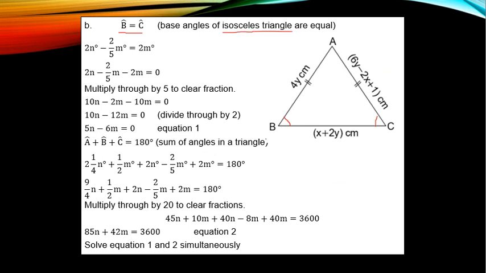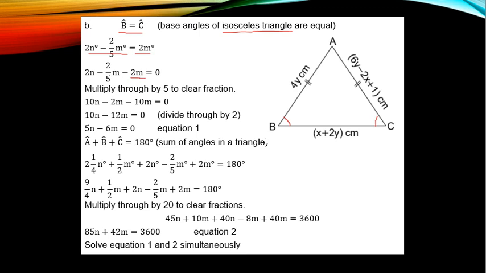So you know angle B to be this from the equation, and angle C is this. So let's transfer the angles to one side. If you transfer 2m to the left, it becomes minus 2m. We need to clear the fraction.